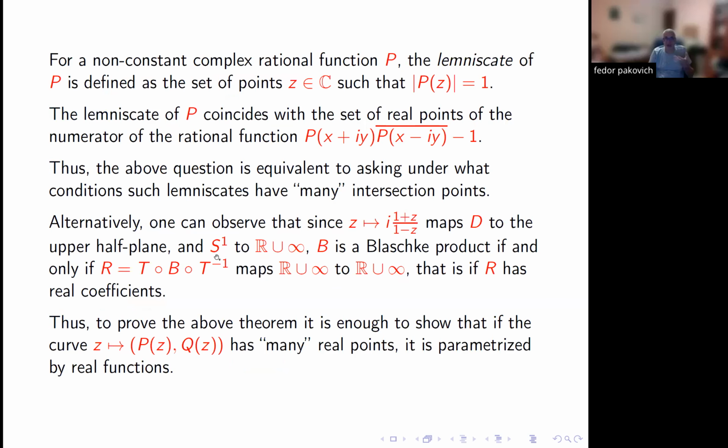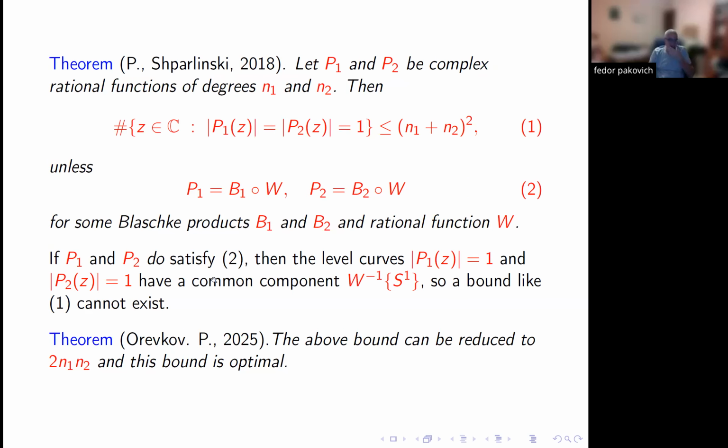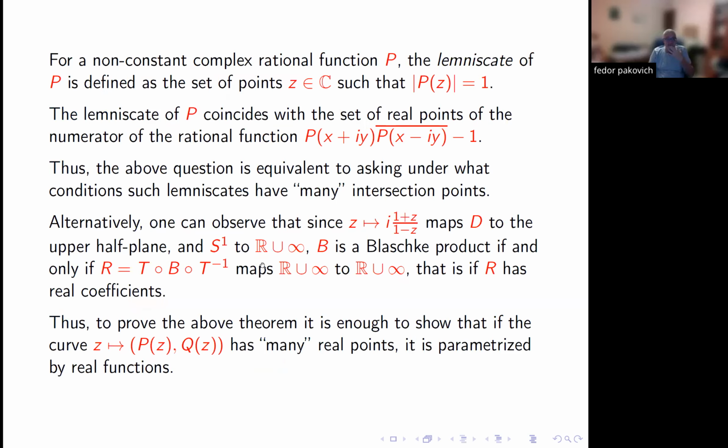Another approach we used with Igor is to observe that, instead of Blaschke products, you can pass to functions with real coefficients. It's more or less the same thing: consider functions which map real numbers to real numbers, which is equivalent to saying that R has real coefficients.